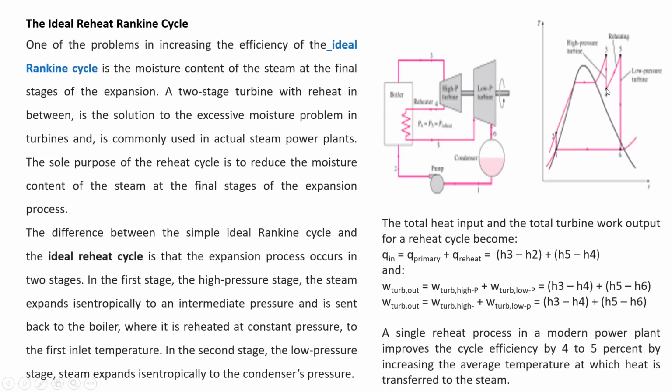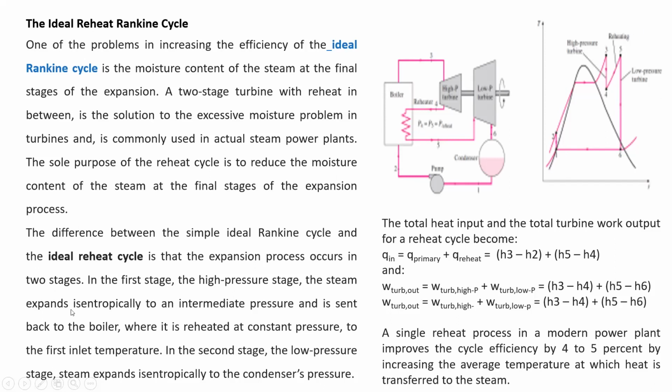At this stage, the steam from the first stage is taken to the boiler where it is reheated up to 5, that is, superheated up to the initial temperature, as at 3. Unless otherwise mentioned, it is reheated to the temperature of the original steam. Then in the second stage, it is expanded again in the second stage turbine so that maximum work output can be extracted from the steam. And then from 6 to 1, condensation takes place in the condenser and the cycle continues.